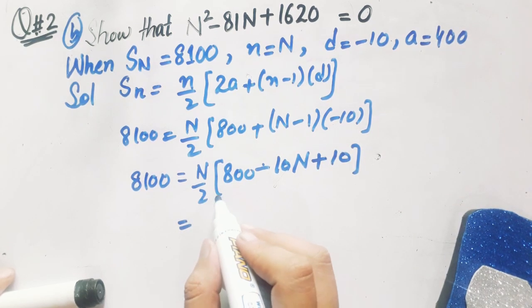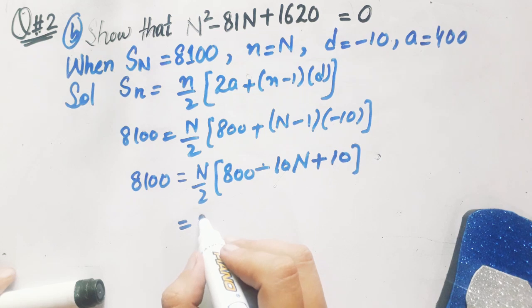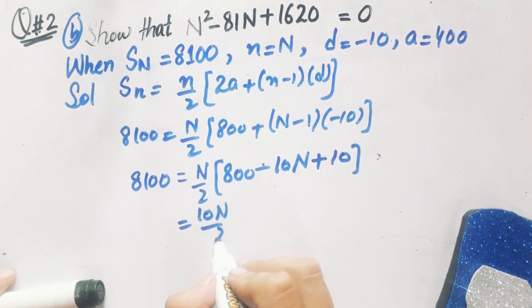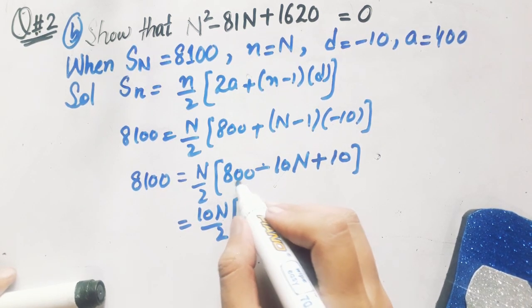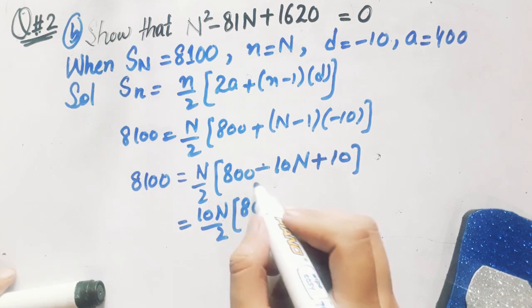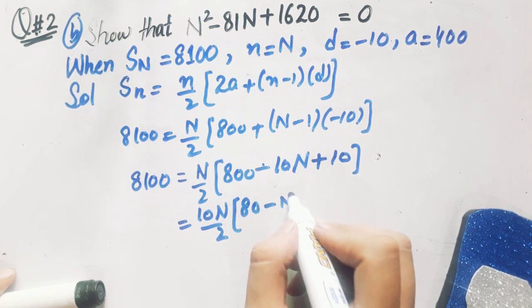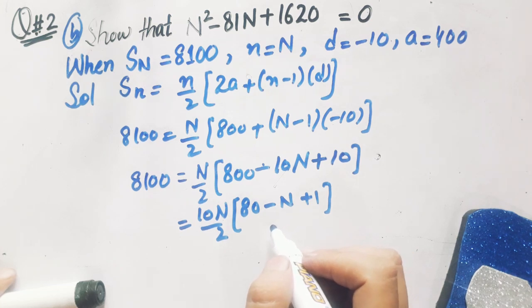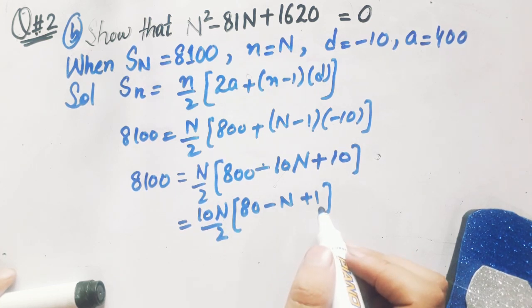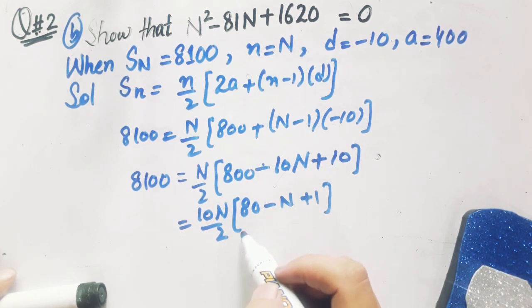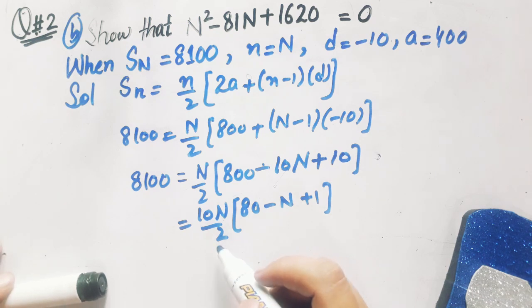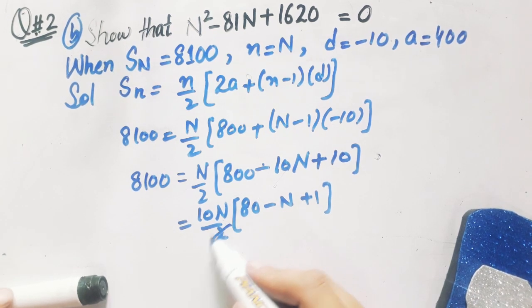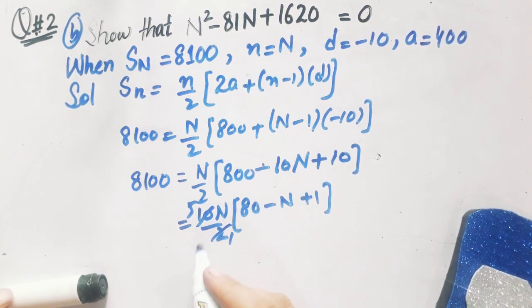Now you can take 10 as common from this. So 10n by 2, 80 minus n plus 1. So we will get 2 ones are 2, 2 5s are 10.